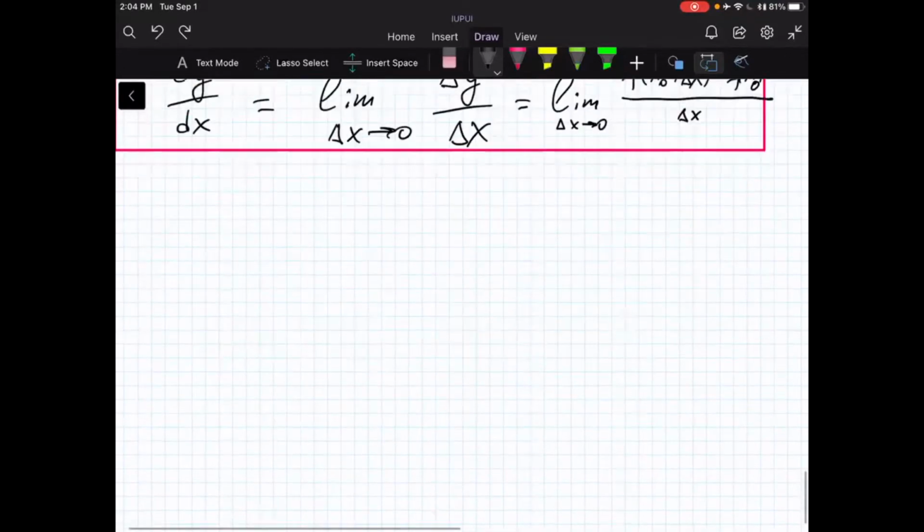Let's start section 2.4. Again, it is the same as the derivative by the four-step process, but it's just how to calculate the derivatives of some functions.